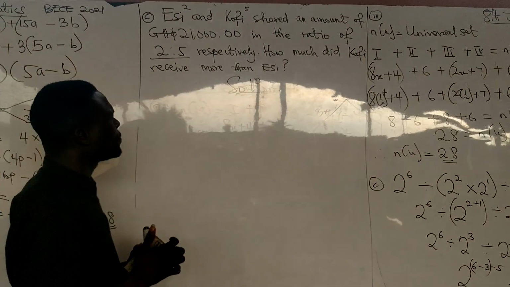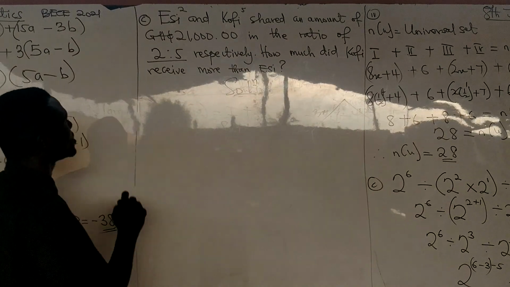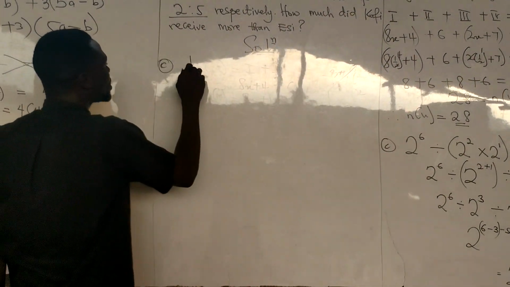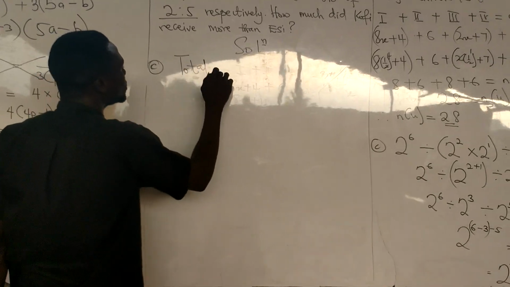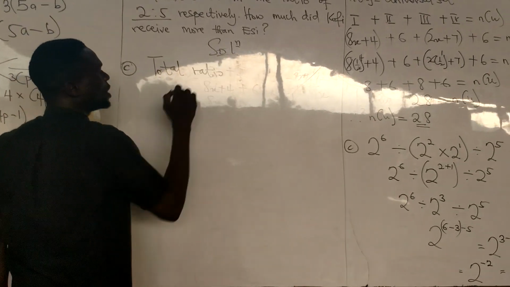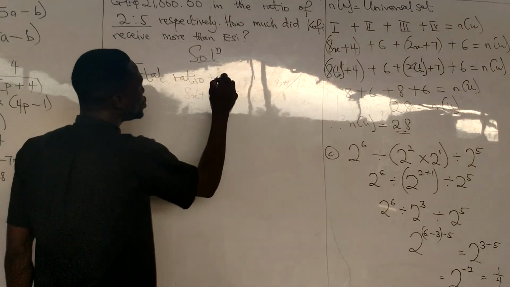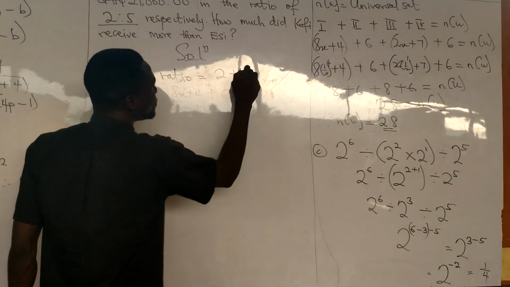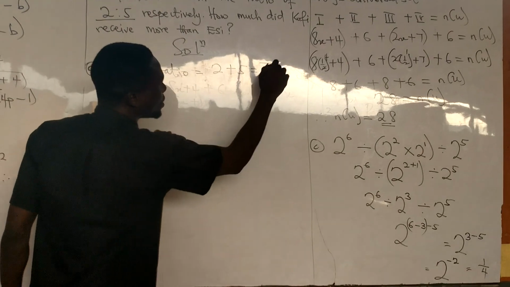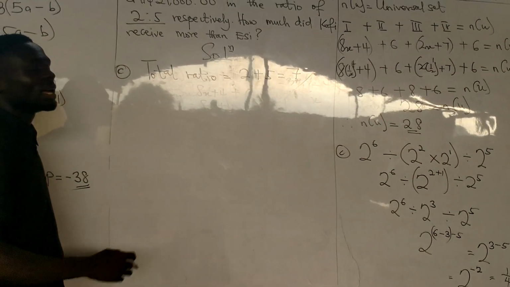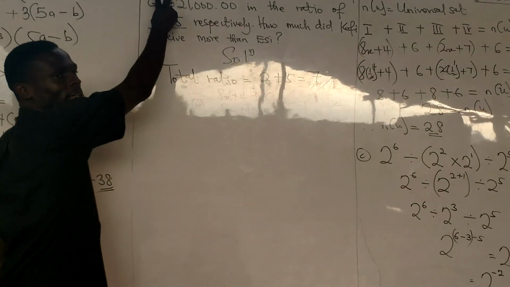Good. Now the first thing that you have to do in this is to first calculate the total ratio. And what are the ratios? 2 and 5. So the total ratio is 2 plus 5, which is equal to 7. From here, calculate AC's share.